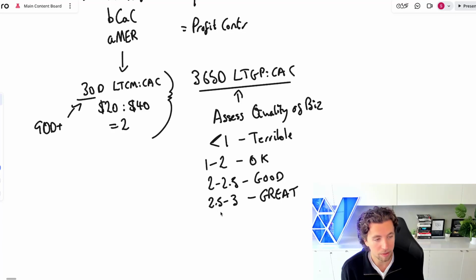And then 3+ generally just infers that you're probably not going hard enough. Like you could grow way faster if you just invested more heavily into paid media and it was incremental. And that's a little caveat that's worth stating, which is if you're at a 3+, it doesn't mean go and take 500 grand and spend it on radio ads next month.